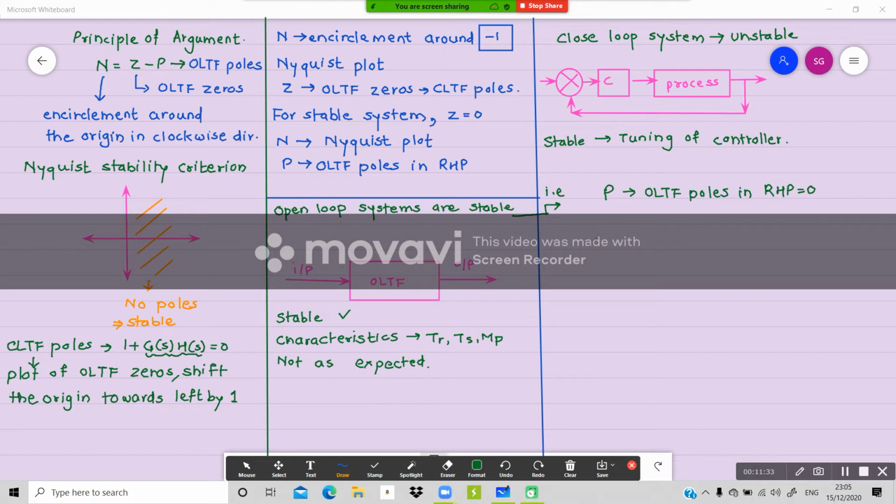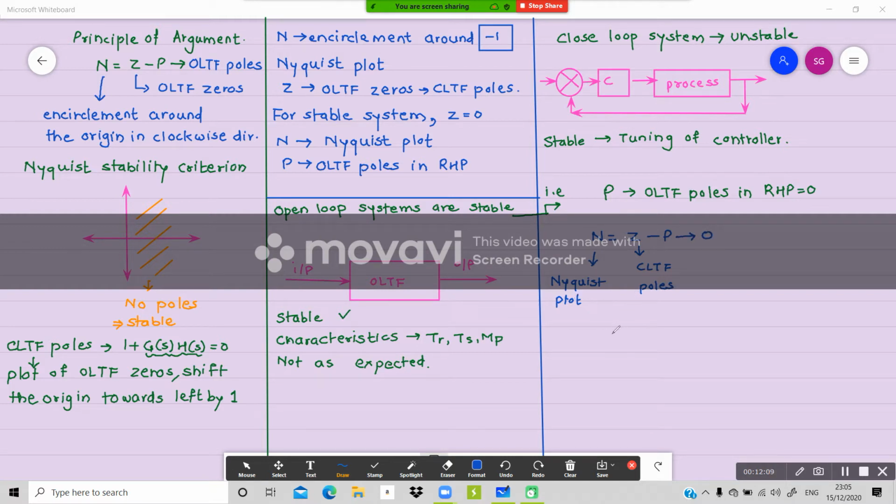Now what equations do we have, what is the principle of argument? N is equal to Z minus P, correct? This encirclement you will get from the Nyquist plot. What is this Z? CLTF poles, right? And for normal systems we said that yes, this is 0.